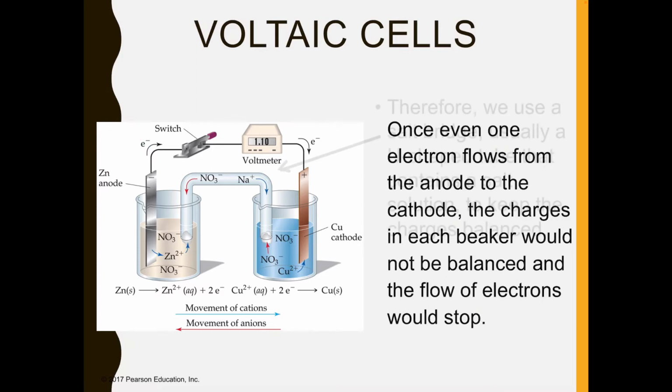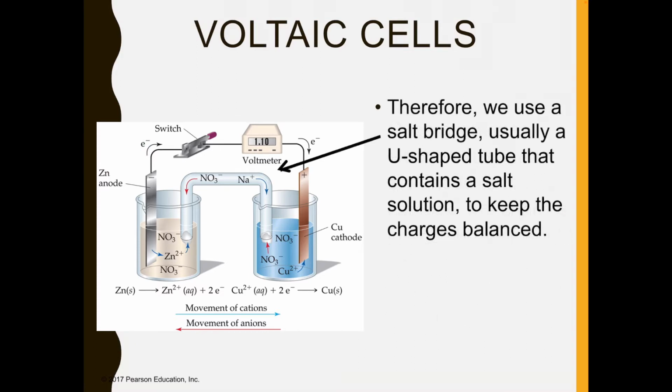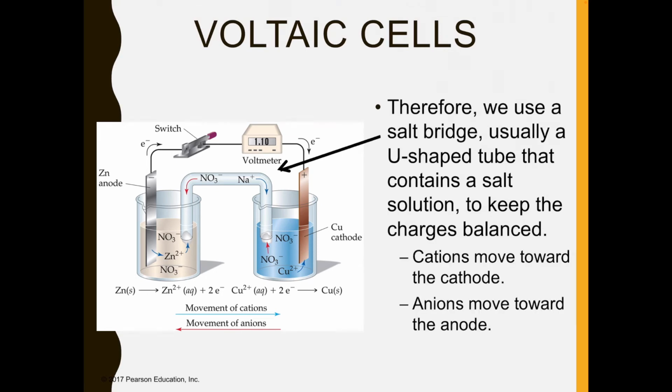So that's the whole point of the salt bridge here, like I was talking about. The salt bridge is used to keep the charges balanced. All of the cations will move toward the cathode and the anions will move toward the anode to balance out those electrons, right? Because if we had one extra electron over here, we need one more sodium to balance out that charge.